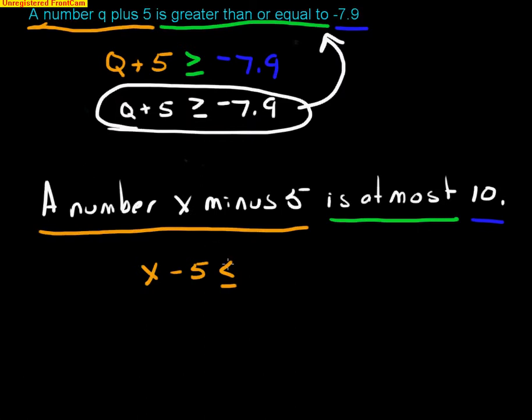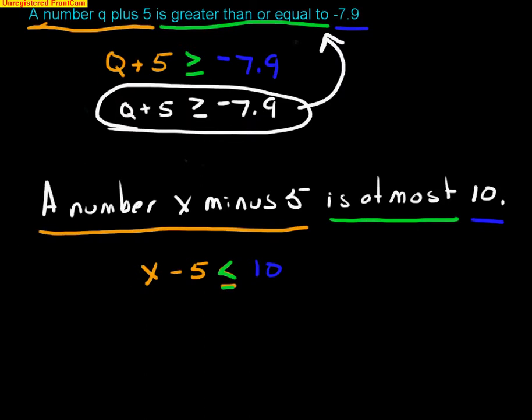Let me trace over it here for you. Okay, and then of course our number 10. Okay, so x minus 5 is less than or equal to 10. And that kind of corresponds to what we had up here. A number x minus 5, there's that part, is at most, so it's less than or equal to, because it can be up to 10, and then 10.